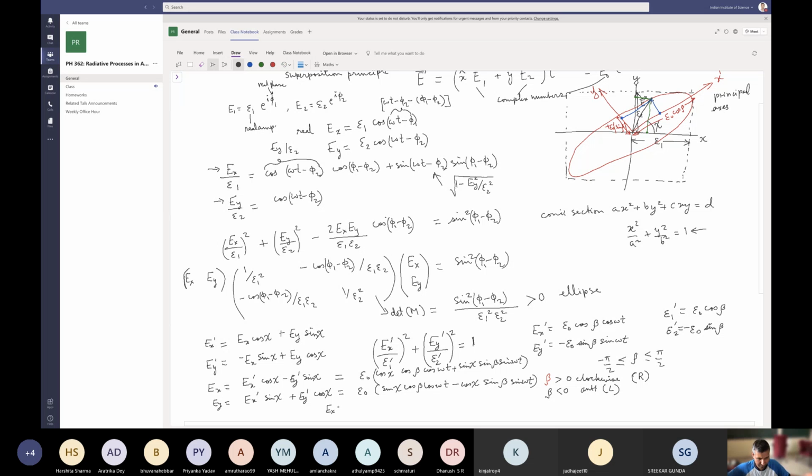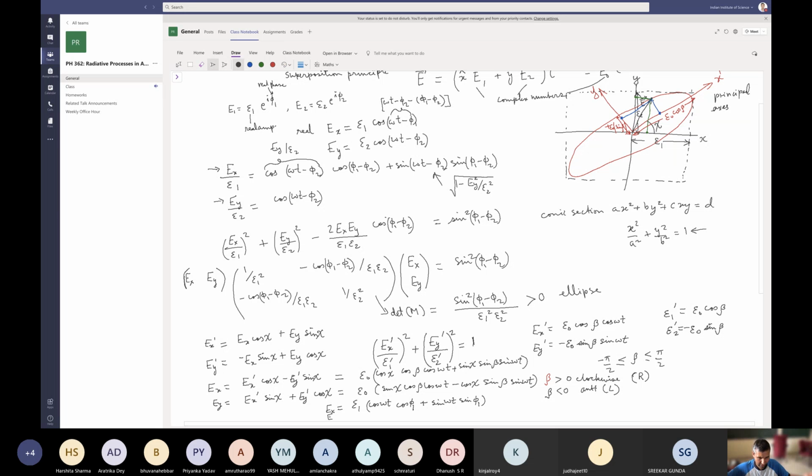Ex is equal to, just the expansion of this formula, epsilon 1 cos omega t cos phi 1 plus sine omega t sine phi 1. I'm using the cos A minus B formula: cos of omega t minus phi 1 is cos omega t cos phi 1 plus sine omega t sine phi 1.